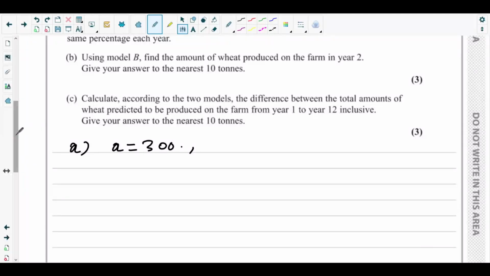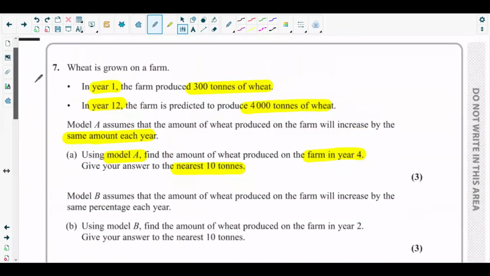How can we find it? In year 12, how much wheat has been produced? It's given. So we know the 12th term. The first term is 300, which corresponds to the first year, and the 12th year will be the 12th term, right?